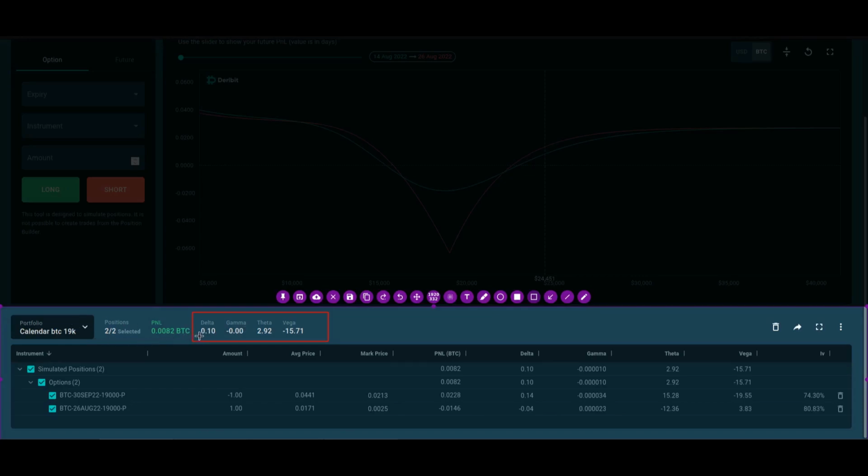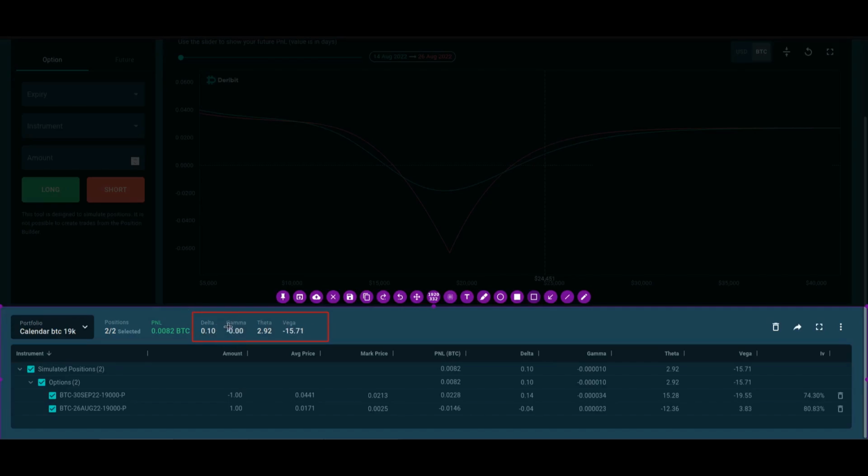If delta is closer to zero or zero, it doesn't matter to which side the underlying asset, in our case BTC, will go. We will always be at the same floating PNL position. It is correct if we do not take into account the other Greeks.